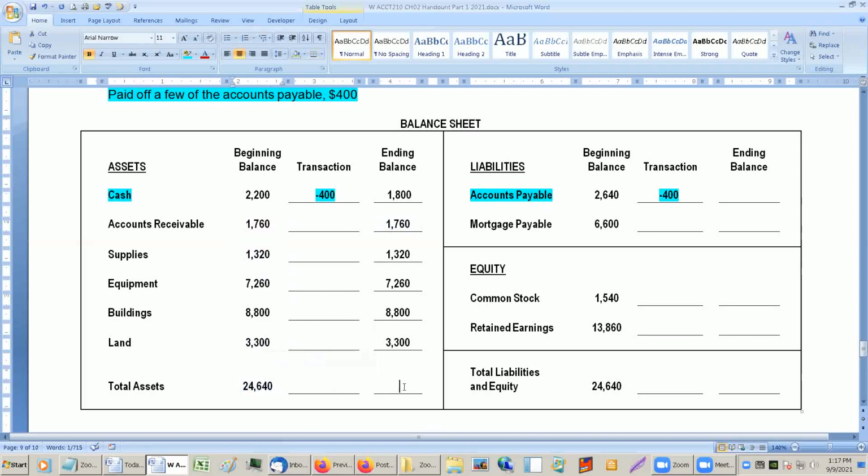Oh, wait, no, that's not right. So this would be minus 400. $240. Yeah, that's right.